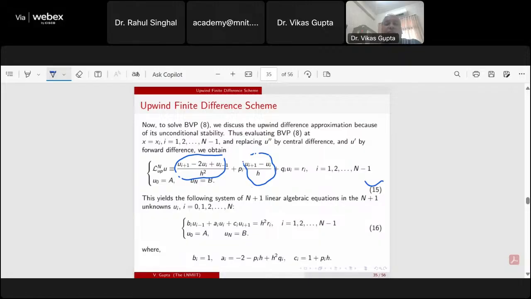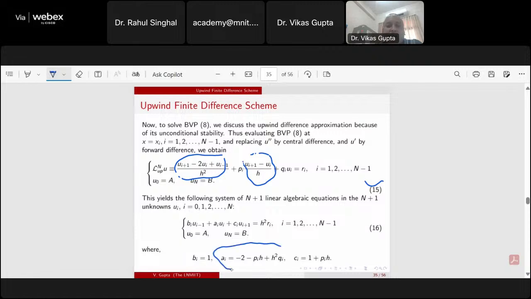This yields the following system of n plus 1 linear algebraic equations in the n plus 1 unknowns, where a_i are the diagonal entries, b_i are the upper subdiagonal entries, and c_i are the lower subdiagonal entries. Note that p_i is positive and q_i is negative.